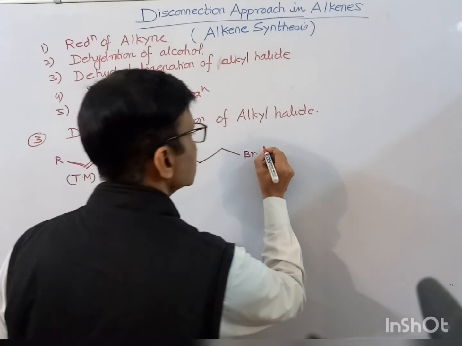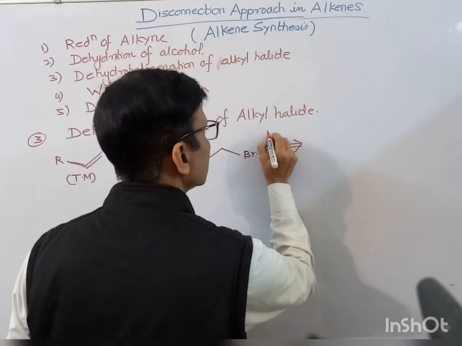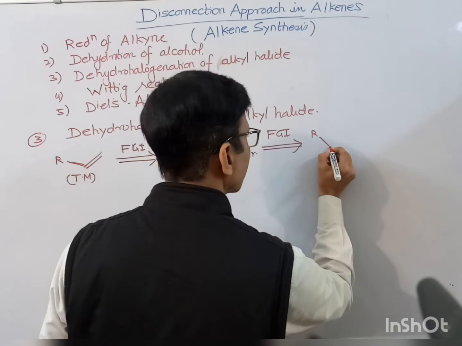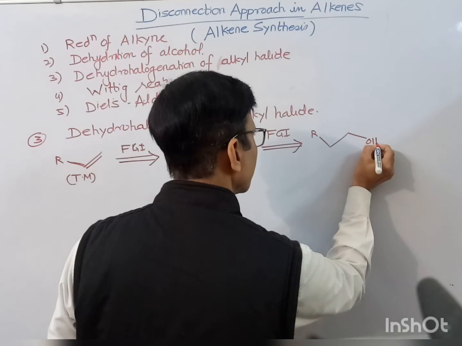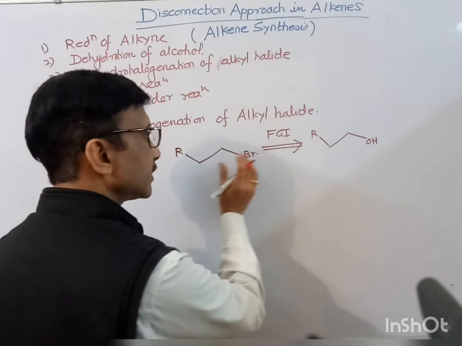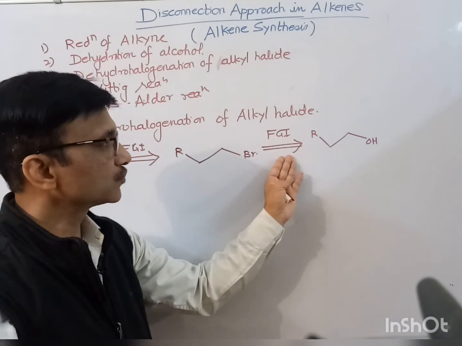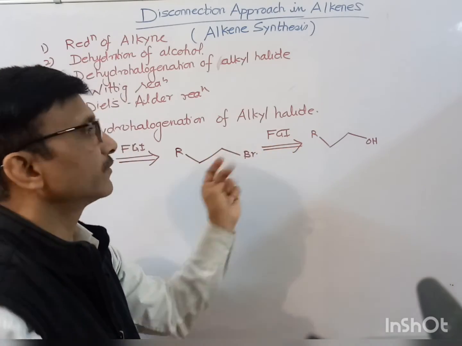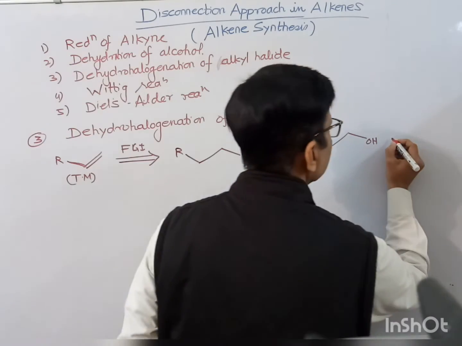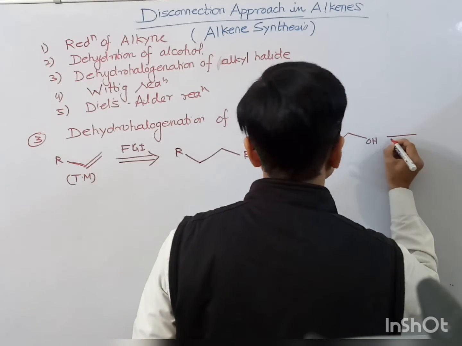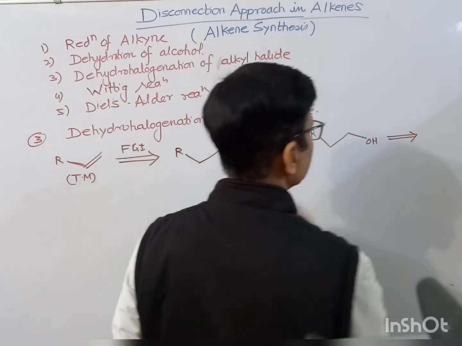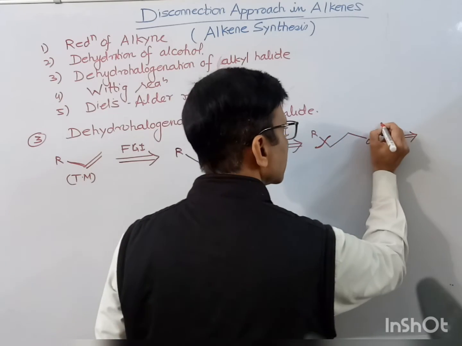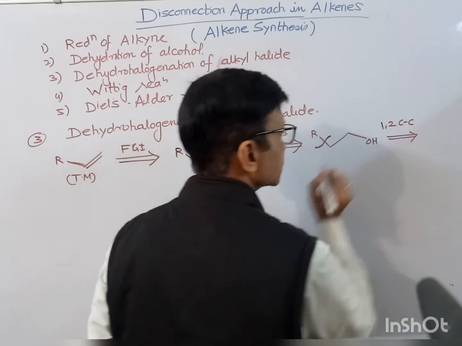Now after this, again the FGI can be done. If you think in a reverse direction, this OH in presence of phosphorus pentabromide can be converted into halide, and now it can be further disconnected. Okay, so 1,2 carbon-carbon disconnection.